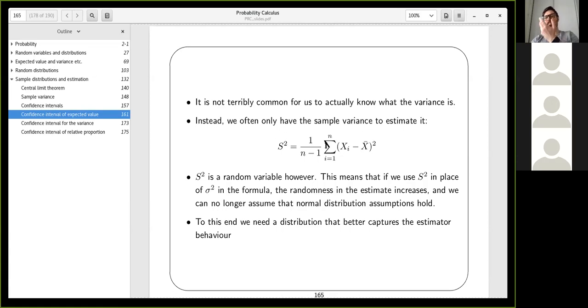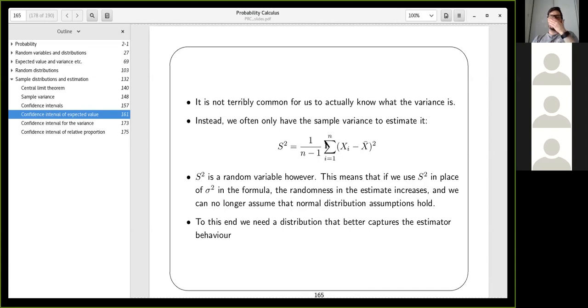So if we use S squared in place of sigma squared, the randomness in the estimate increases. So the confidence interval becomes wider. We can no longer assume that the normal distribution assumptions hold, because it's no longer just a normal distribution. That's what we're going to be talking about now.